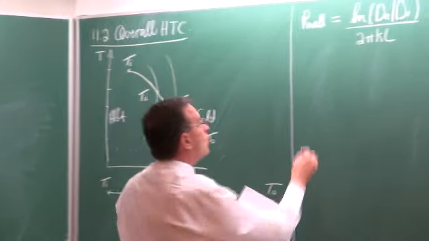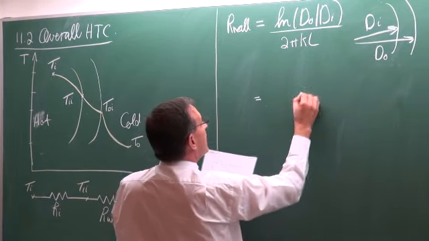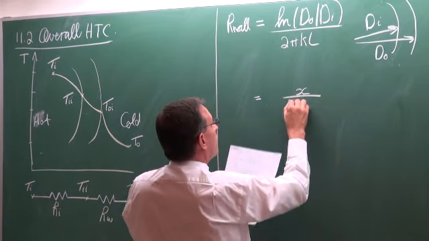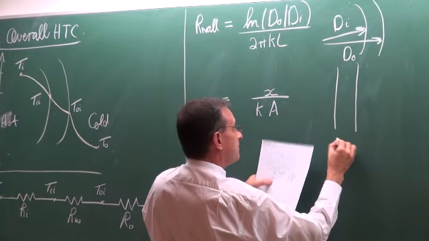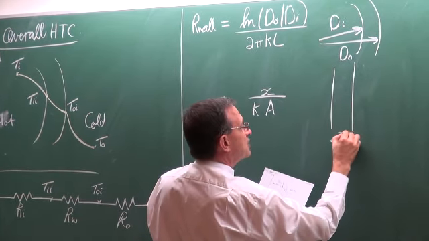Okay. Or it can be equal to x divided by Ka for a plain wall where this is the dimension x.